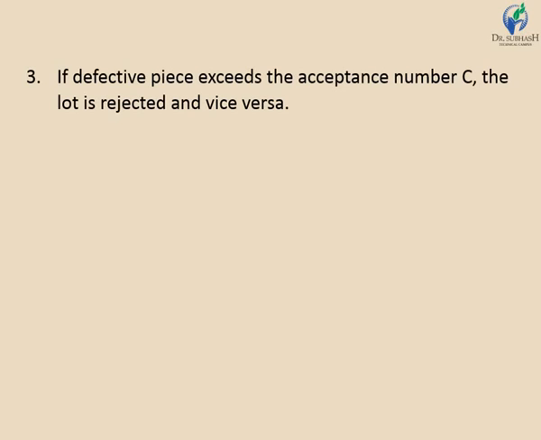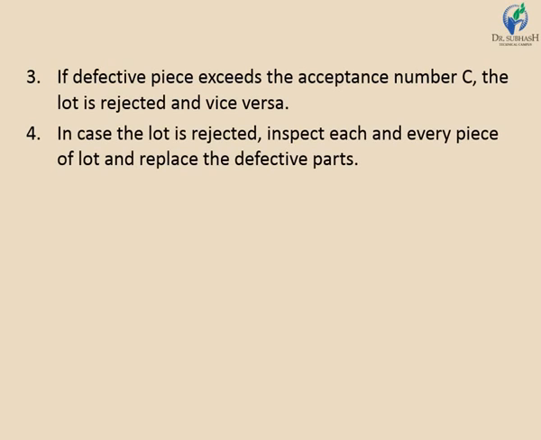It must satisfy the predefined standard or predefined acceptable number. If it goes beyond that, then that lot will be rejected. In case the lot is rejected, inspect each and every part of the lot and replace the defective parts. Those defective parts have to be removed and replaced.